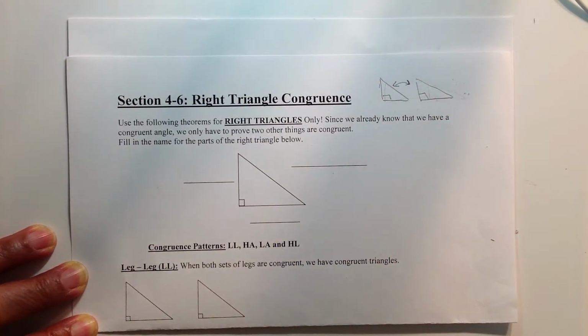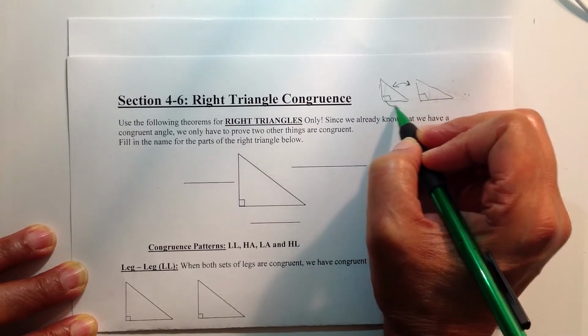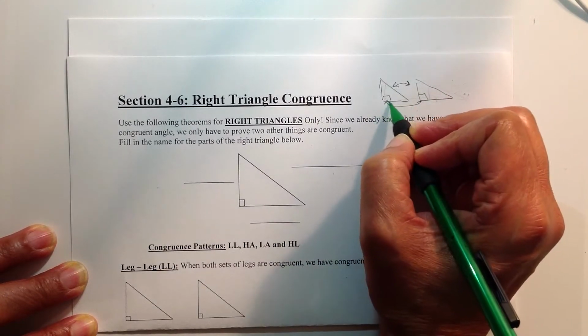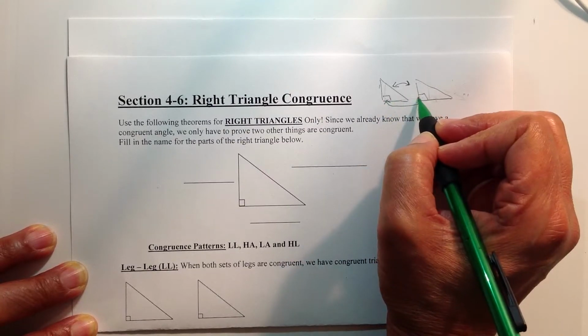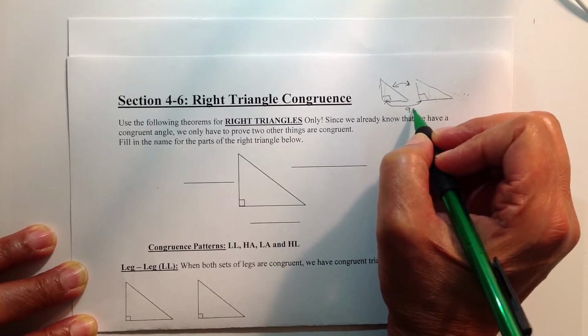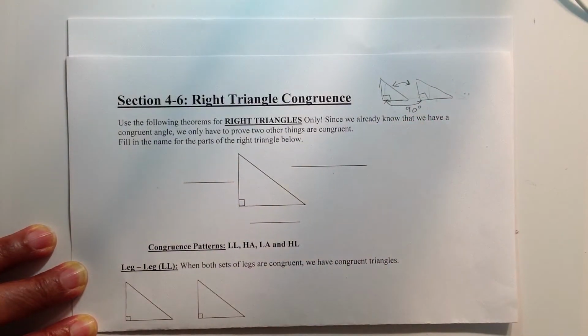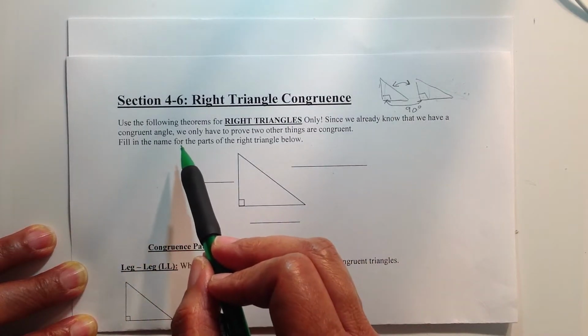We already know that we have a congruent angle, right? Because by definition, a right triangle has one right angle, and we know all right angles measure 90 degrees. So we've got one congruent angle.